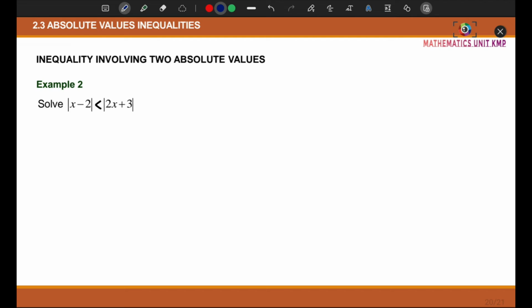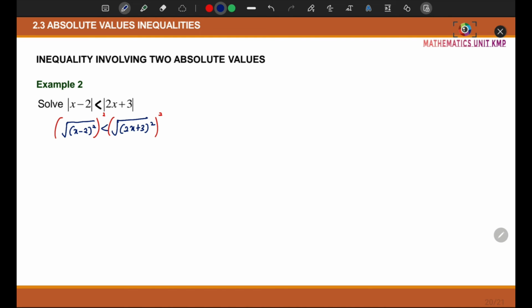Example 2, solve the absolute value of x minus 2 less than the absolute value of 2x plus 3. By definition, the absolute value of x minus 2 is equal to the square root of (x minus 2) squared. The same goes for the right side, we have the square root of (2x plus 3) squared. Then we will square both sides to solve this inequality.